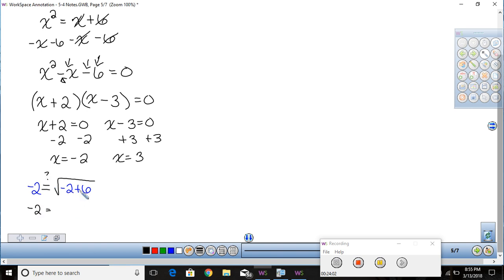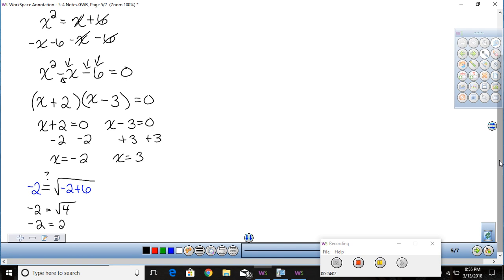So negative 2 plus 6 is 4, and the square root of 4 is 2. 2 does not equal negative 2. Okay? And if you were to actually graph both sides of that equation, you would see that it does not cross in that spot.